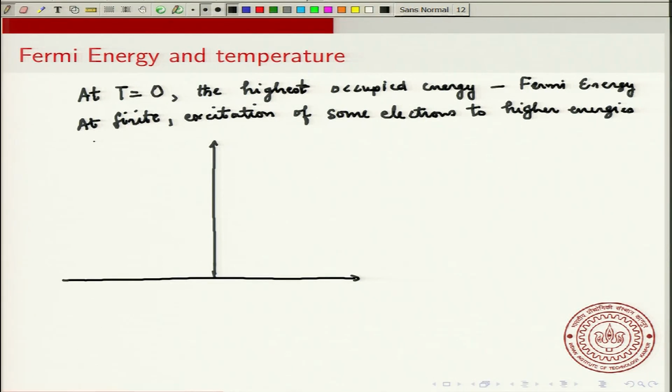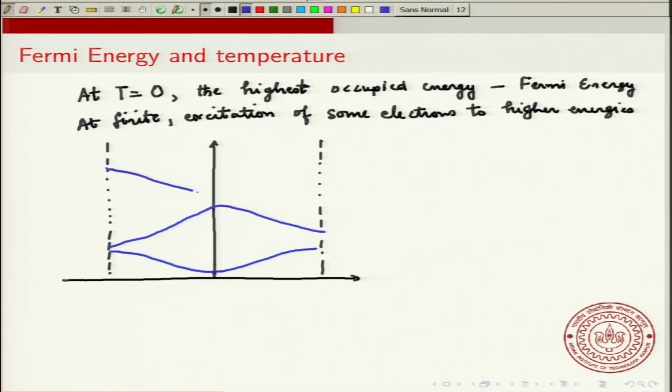I'm using 1D for illustration, but you can do this for arbitrary dimensions. When you take these bands and start filling them, it could happen that your Fermi energy is right here, or it could happen that your Fermi energy is here.